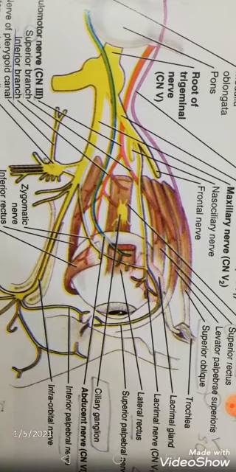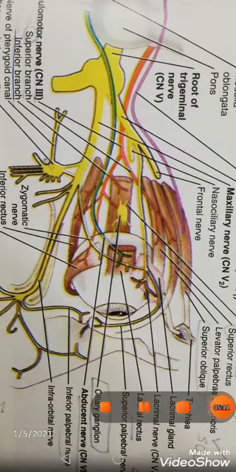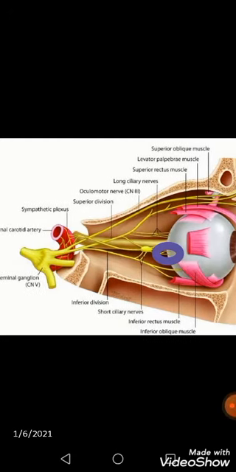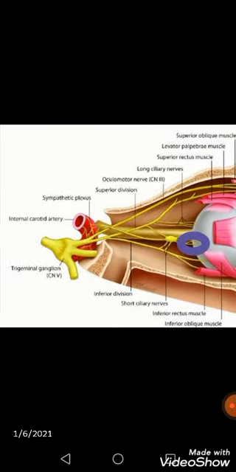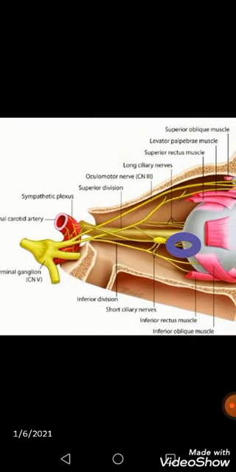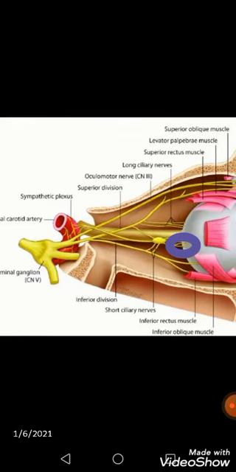Now we have to discuss the sensory root. After we have completed the description of the motor root, now we are supposed to learn about the sensory root and the sympathetic root of the ciliary ganglion. First concentrate on the red colored internal carotid artery, around which you can visualize the sympathetic plexus coming from the superior cervical sympathetic ganglion.